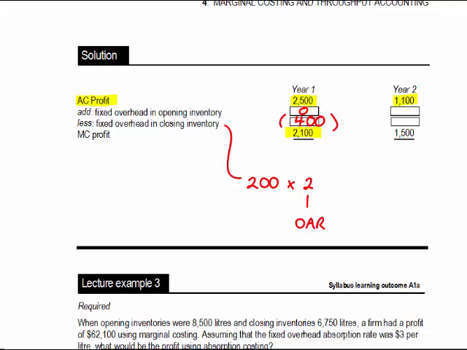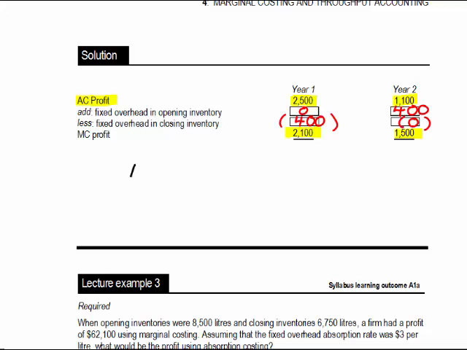Let's do the same for year two. This time we're going to bring forward the 400 because that's in our opening inventory, so it's brought into the cost of sales, and we didn't have any closing inventory, and therefore we end back at the marginal costing profit of 1,500. Now, a quicker way to do this might be to think, well, what's going to be the change in our inventory?